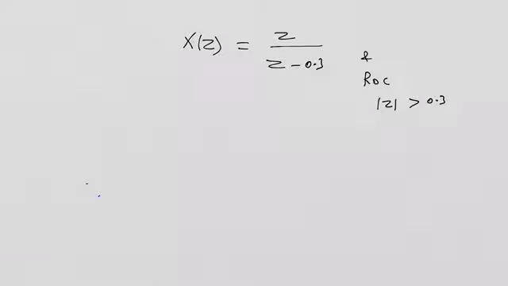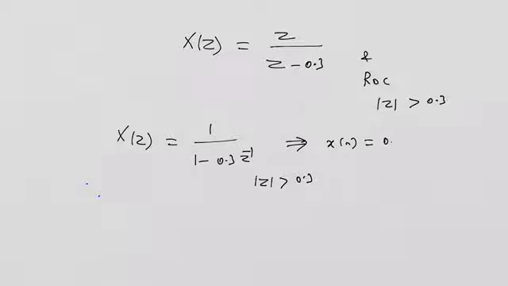In such cases, because you know already that if X of z is equal to 1 divided by 1 minus 0.3 z power minus 1, where modulus of z is greater than 0.3, you will say x of n is equal to 0.3 power n into u of n, isn't it?